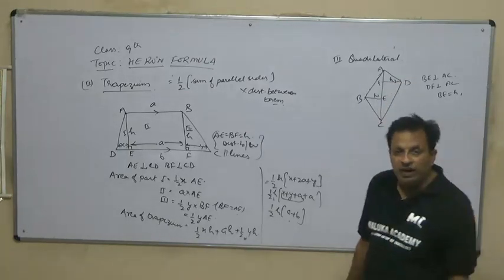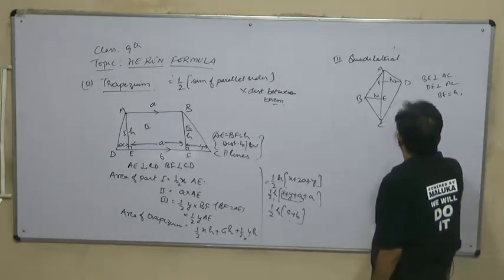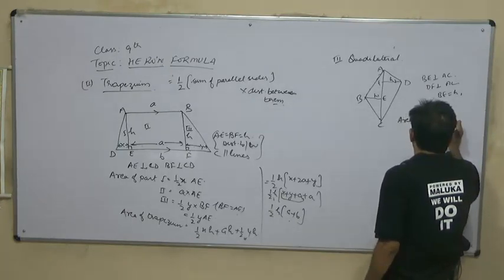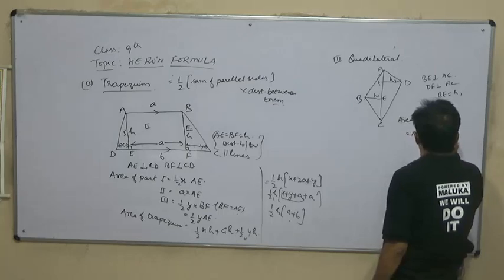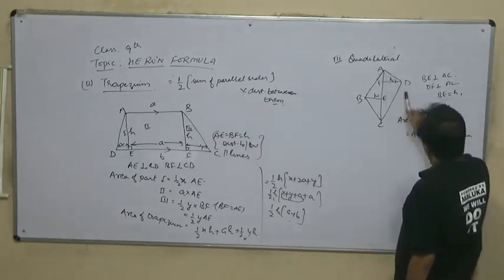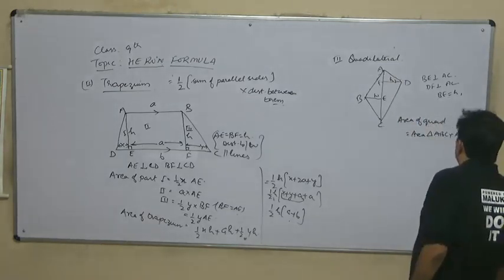Now if you want to find the area of the quadrilateral, the area of the quadrilateral will be equal to the area of triangle ABC plus the area of triangle ADC. So it is the sum of these two triangles.